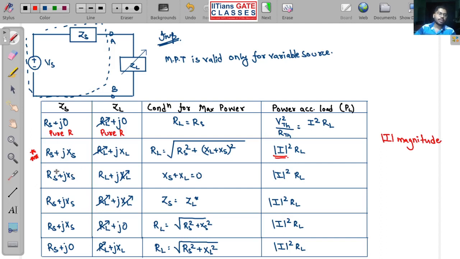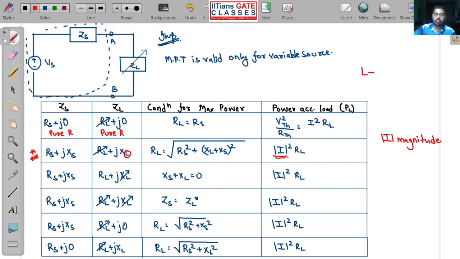Now suppose my ZS looks something like this, and in this my real part, the resistive part, is not varying, but my imaginary part is varying. Now don't assume this L to be an inductor.